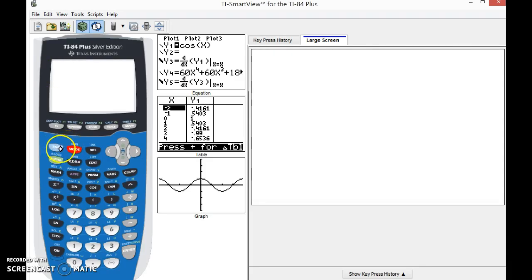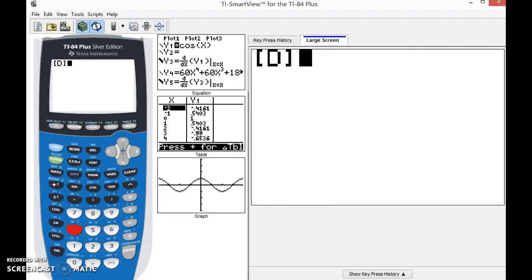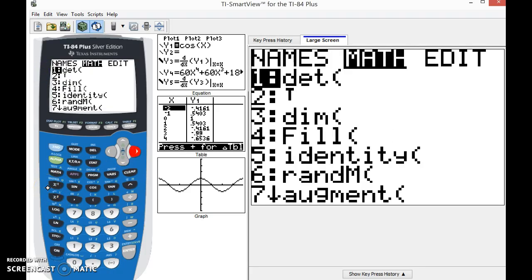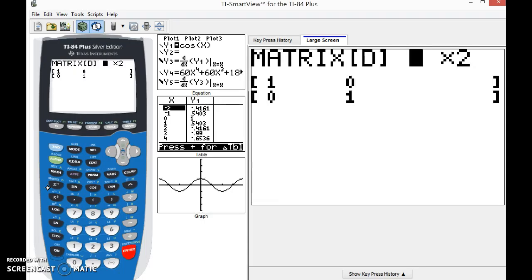And then for matrix D, oh, just kidding. For matrix D, we want to edit, not names. So for matrix D, we want the 2 by 2 identity matrix, 1, 0, 0, 1.